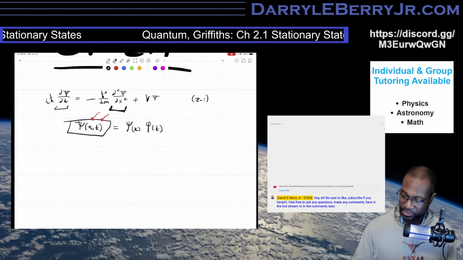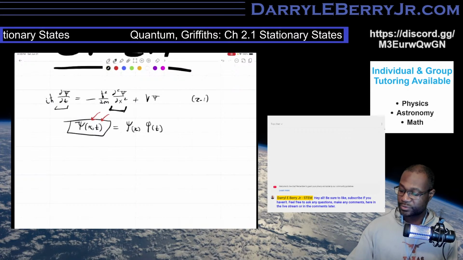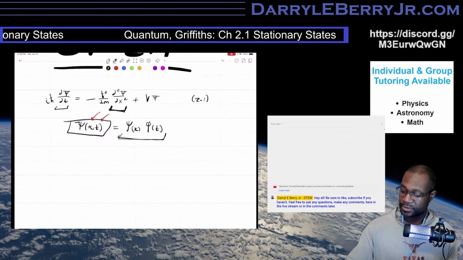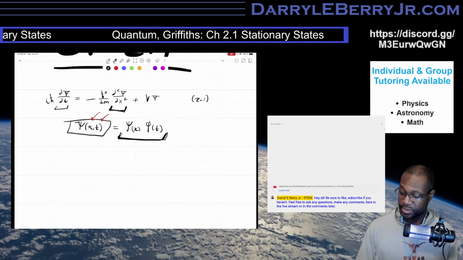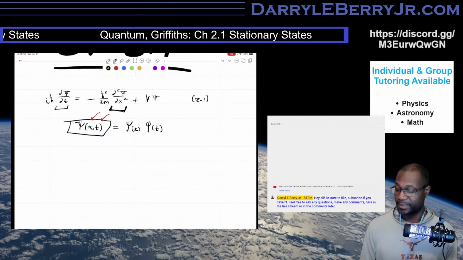So the idea would be to find what psi, in terms of these two functions of each variable, will solve this equation in that manner. So all we have to do is simply plug that in.